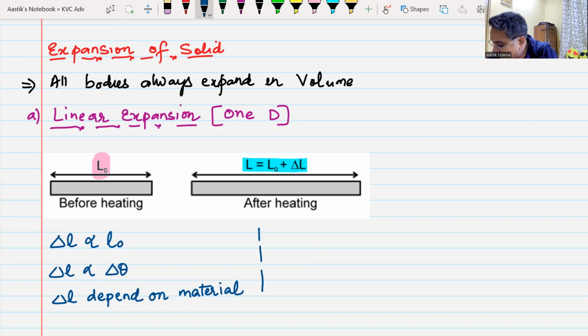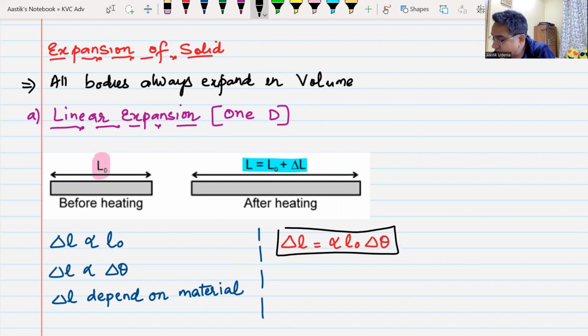If I put these things together, I will get the formula. Change in length delta L will be alpha into L0 into delta theta. This alpha is a constant depending on the material, and this constant is known as the coefficient of linear expansion. Do we understand this? Yes, sir.